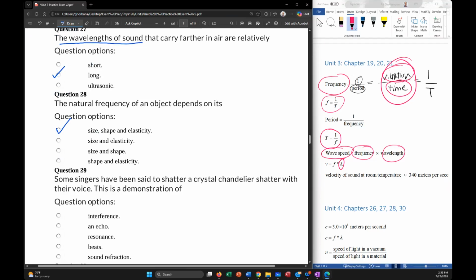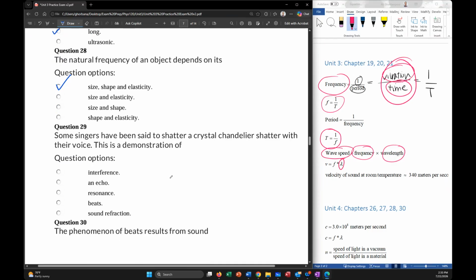Some singers are said to shatter a crystal chandelier with their voice. Is this a demonstration of interference, echo, resonance, beats, or sound refraction? It is the definition of resonance. Each object has its own natural frequency.